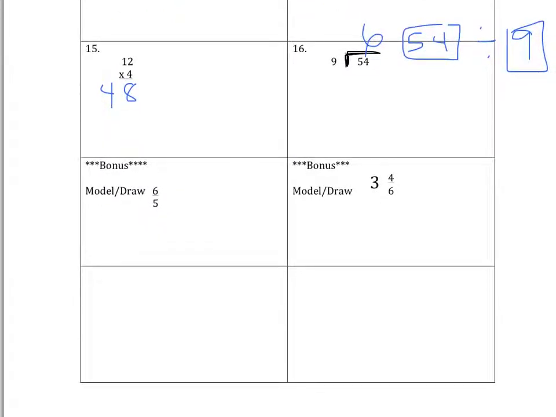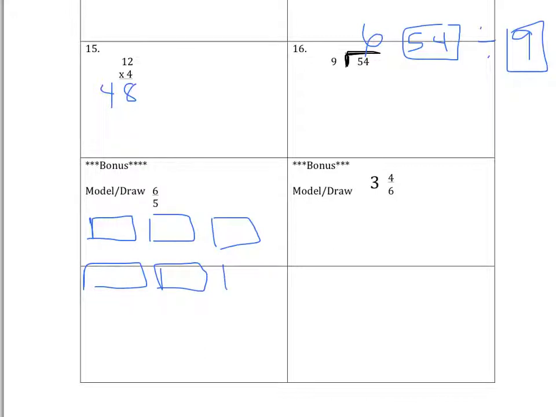We're going to go ahead and go over the bonus questions because a lot of y'all tried those. So we're going to model 6/5. Remember, our top number tells us how many shapes we need. So we need 6 shapes. 1, 2, 3, 4, 5, 6. And the bottom number tells us how many we're going to break it up into.